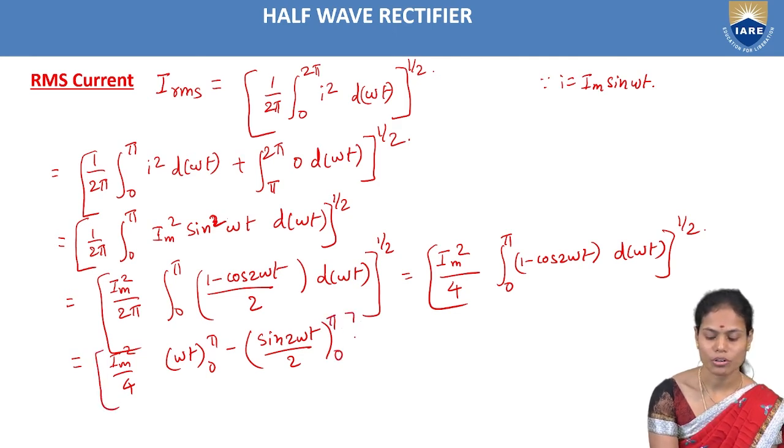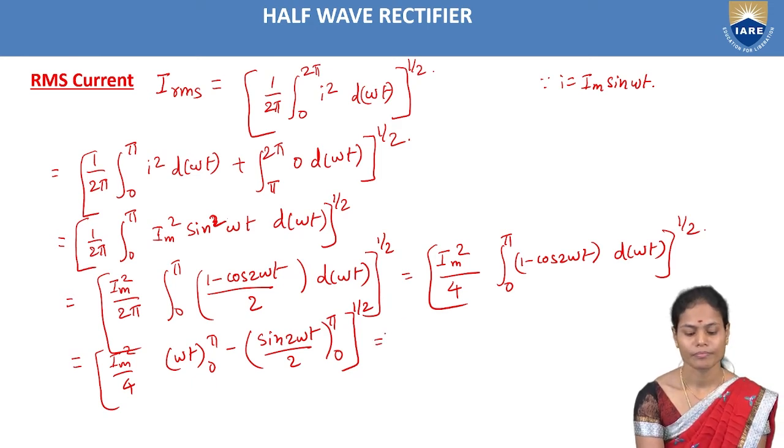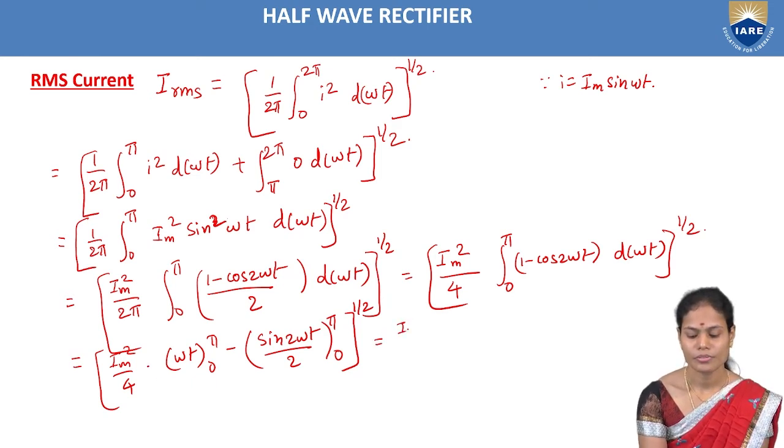So this overall under root. So Im square by 4 is pi minus 0 for omega t, minus of sine pi is 0, minus sine 0 is also 0.